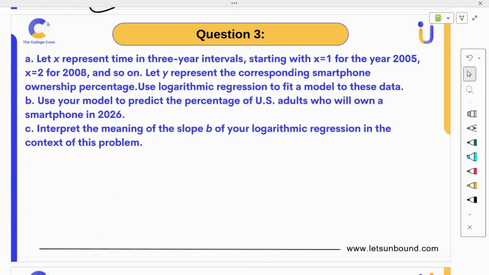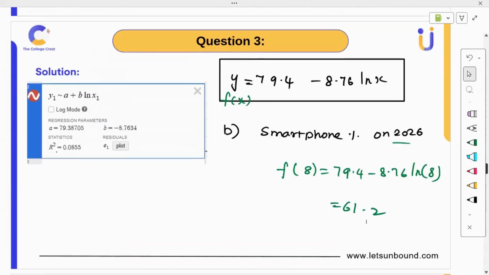Interpret the meaning of the slope b of your logarithmic regression. This is a logarithmic regression. How to interpret this? It's negative 8.76, right? So for every 1 unit increase in ln x, the predicted smartphone ownership decreases. So for every 1 ln x increase, the y is your what?